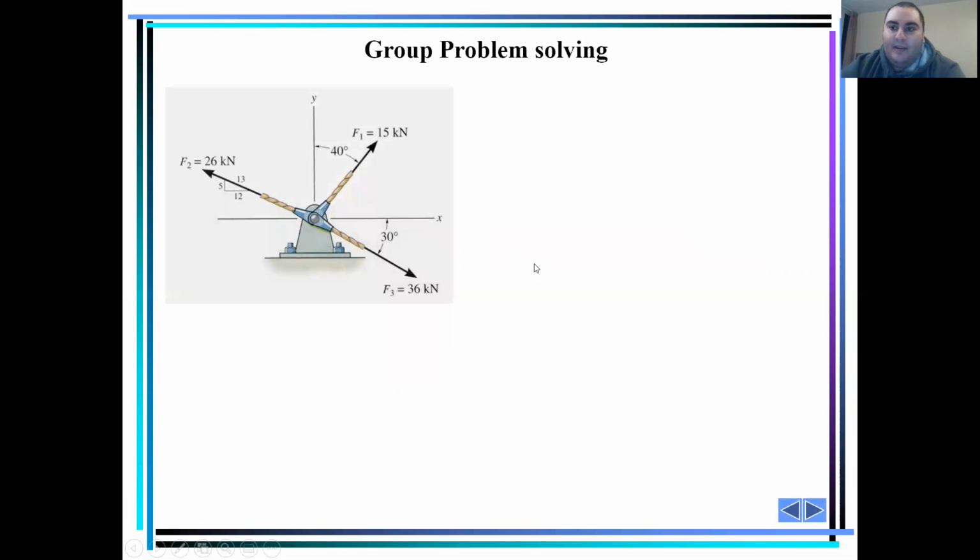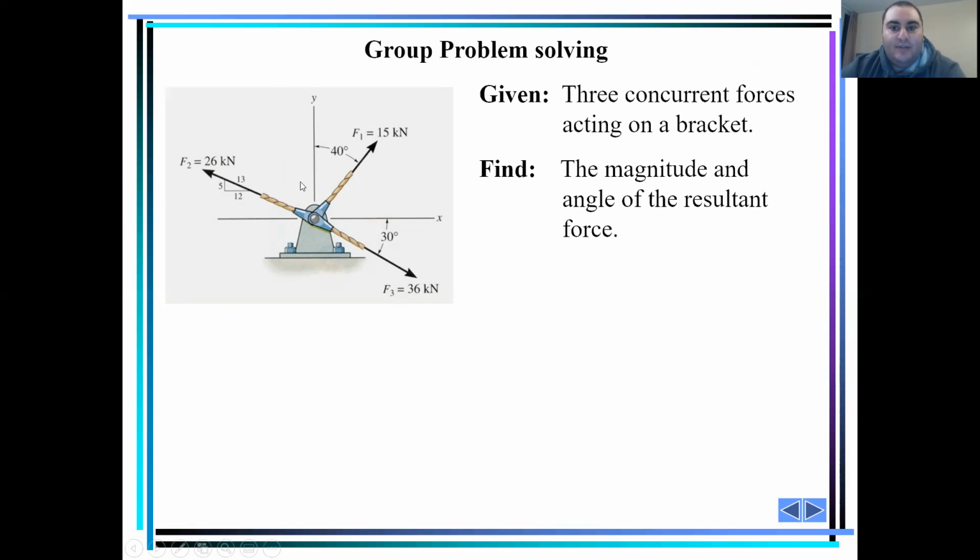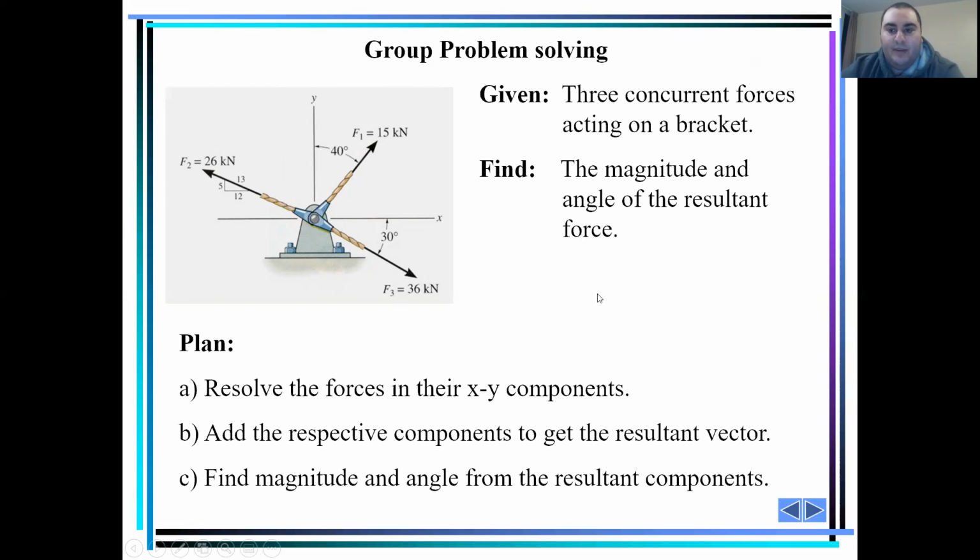Now, I've added a group problem solving. So I'm going to break you guys up into groups, and I want each group to try and solve this problem together. Basically, we have three concurrent forces acting on this bracket. I want you to find the magnitude and angle of the resultant force of all these three forces.